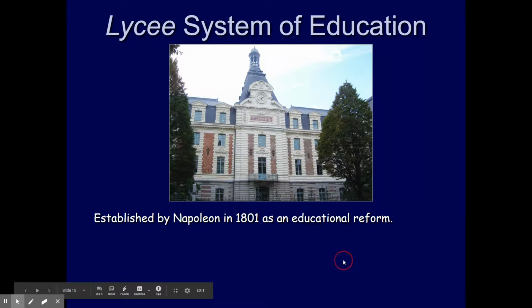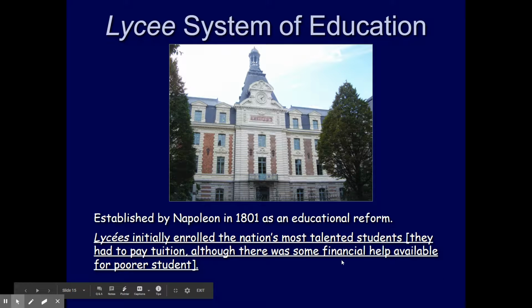The last bit here before we stop is the lycée system of education, which, taking the concept of meritocracy ever further, tried to find pockets of students that were incredibly talented through national tests. Though they had to pay tuition, there were scholarships for those who were financially unable to pay their way. These lycées were liberal arts based institutions that tried to train individuals purposely to serve in the government.